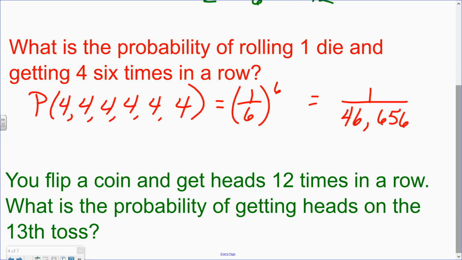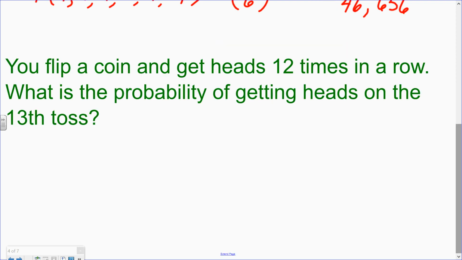What about the probability of I flip a coin and I get heads 12 times in a row, and now I want the probability of getting heads on the 13th toss? Is that what I just did? Is that probability of heads, heads, heads until I get 13 of those written out?